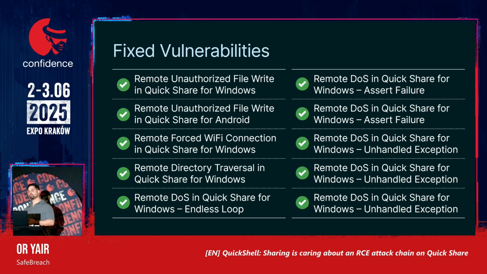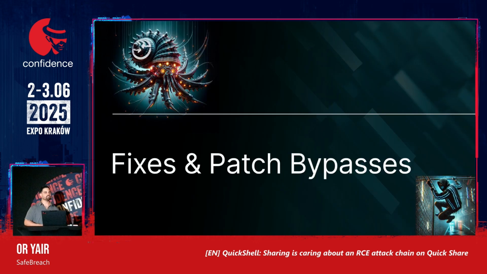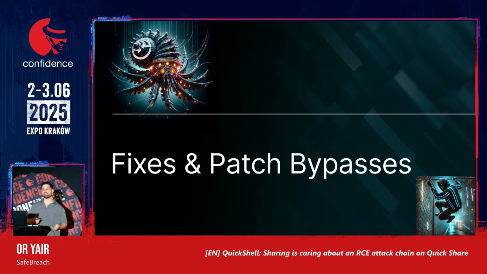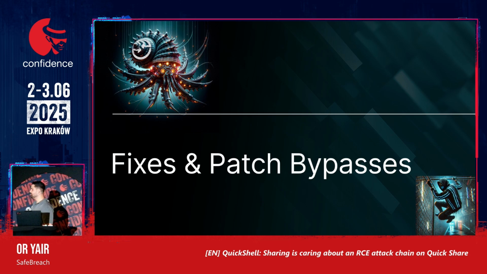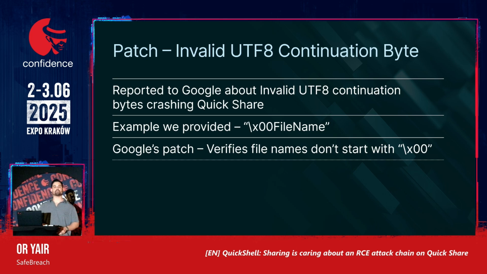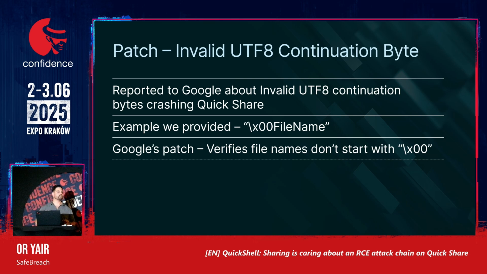But as we do with most research, after fixes have been issued, we go and see how they were implemented and hope that there will not be any surprises. But unfortunately, in this case, there were two surprises. So the first surprise was in a fix for one of the denial of service vulnerabilities that the fuzzer found that was caused due to invalid UTF-8 continuation bytes in file names.